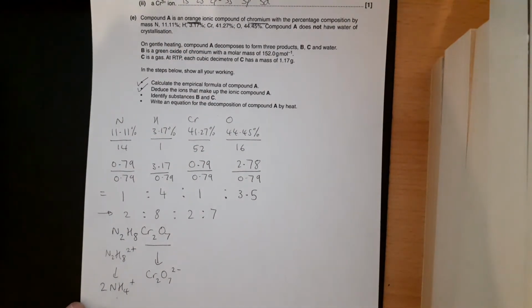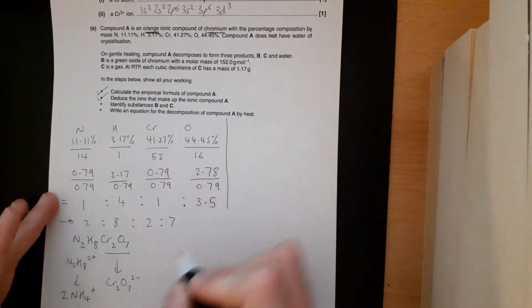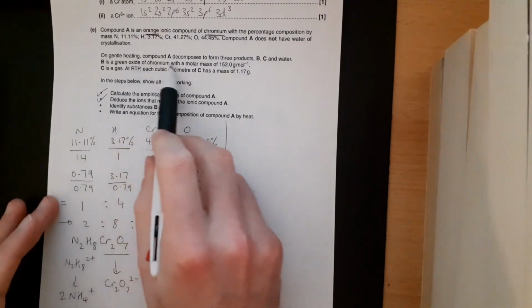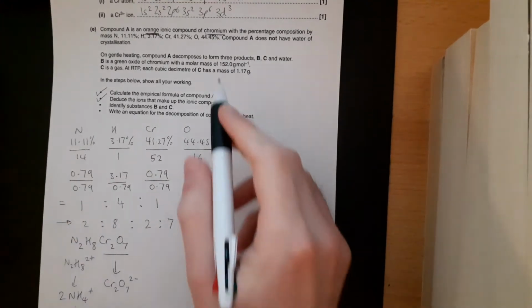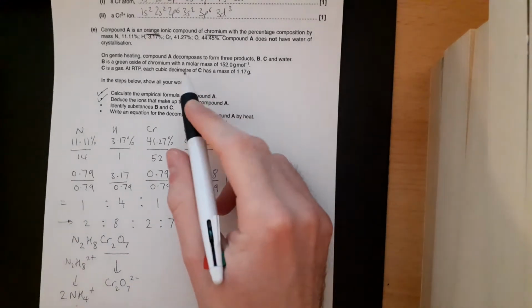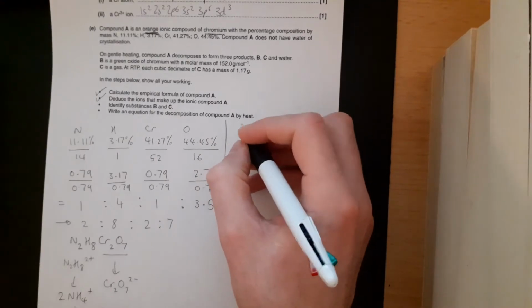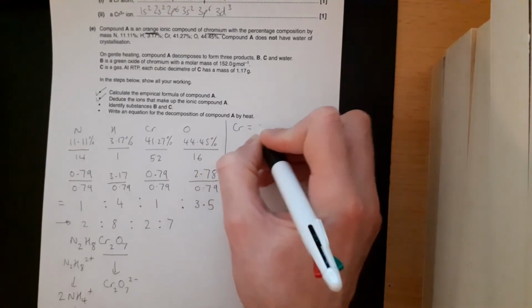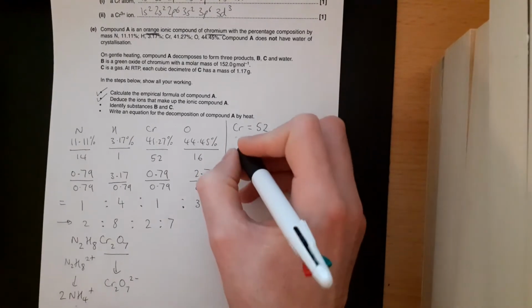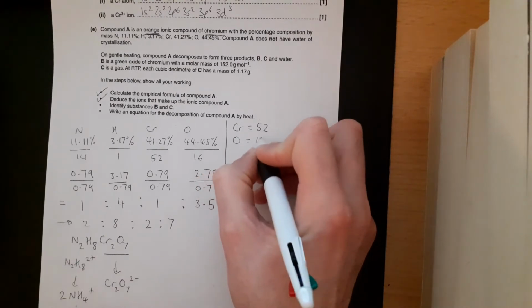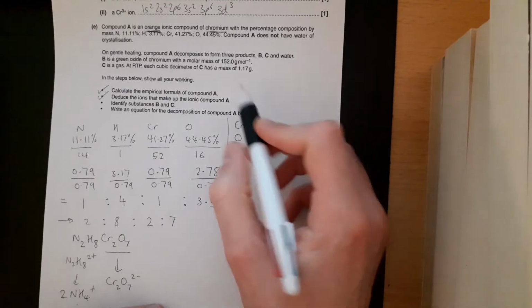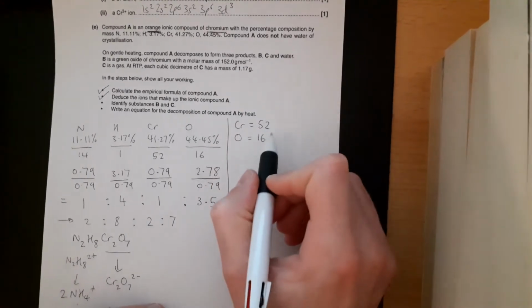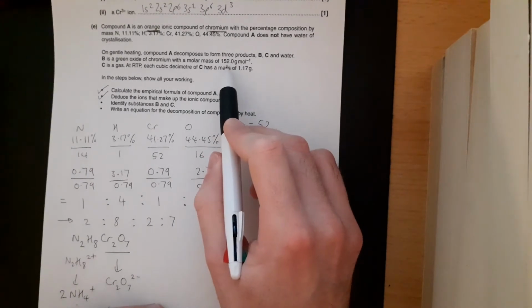Now we need to identify substances B and C. So substance B is an oxide of chromium with a molar mass of 152. If it's an oxide of chromium, then it's just going to be chromium and oxygen, right? We know that chromium is 52, and oxygen is 16. So if it adds up to 152, it's going to be 2 chromiums, isn't it? 3 lots of 52 is going to be too much.